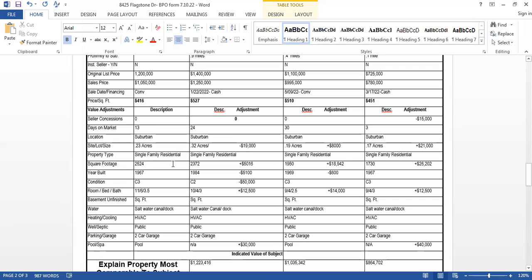This is square footage. Now, I find that if you're doing a BPO on anything that's in the ballpark of up to 2,000 or 2,300 square feet, the general range that I make the adjustments at is right around $33 to $35 a square foot.